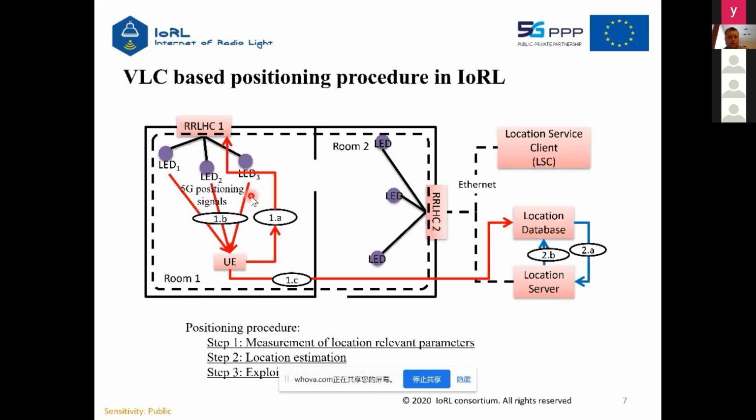The last step is the exploitation of location estimation. It means that the location server client provides different location-based services to the user by retrieving the user's position estimation from the location database.